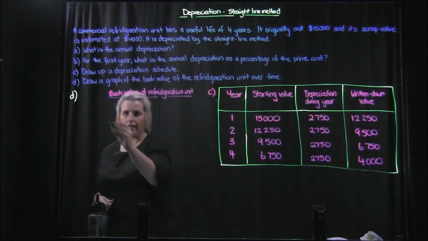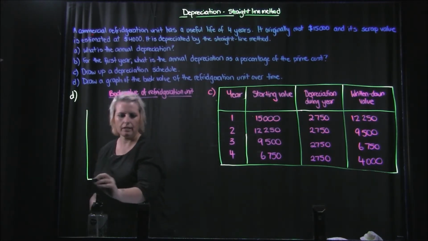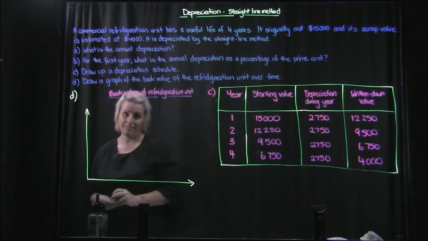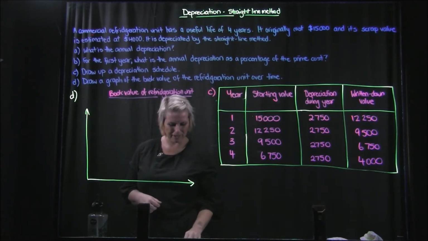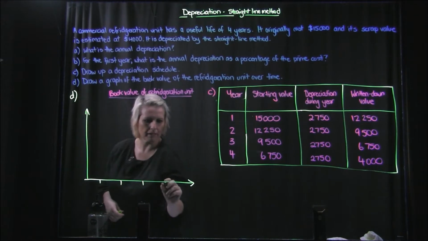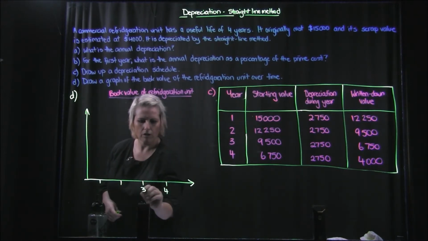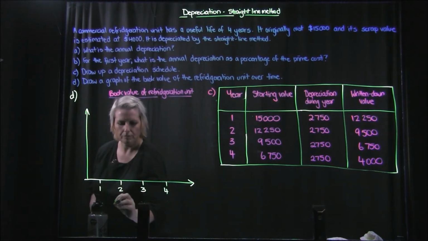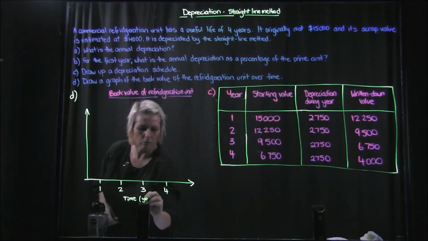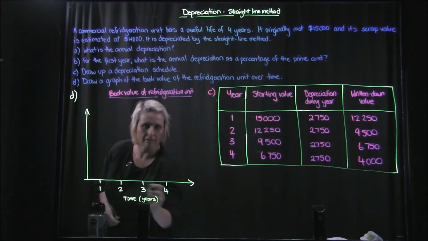Now I'm going to have 2 axes, one here, one here. Again, you would use a ruler, and graph paper would be a great idea. Down the bottom here, I'm going to have time in years, 1, 2, 3, and 4. And I will write what it's measured in brackets.